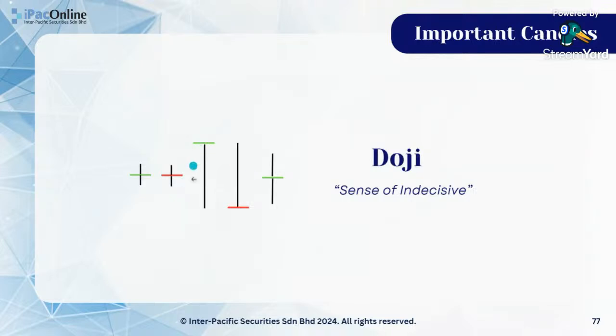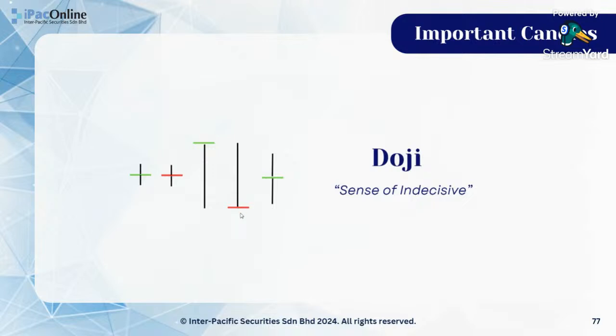For the dragonfly doji, you can take it as very similar to a long leg candlestick, whereby the share price travels down and in the end still recoups all the losses and closes near the opening. Or a gravestone doji, which tells us the share price has traveled up so much and in the end loses steam and closes near the opening.